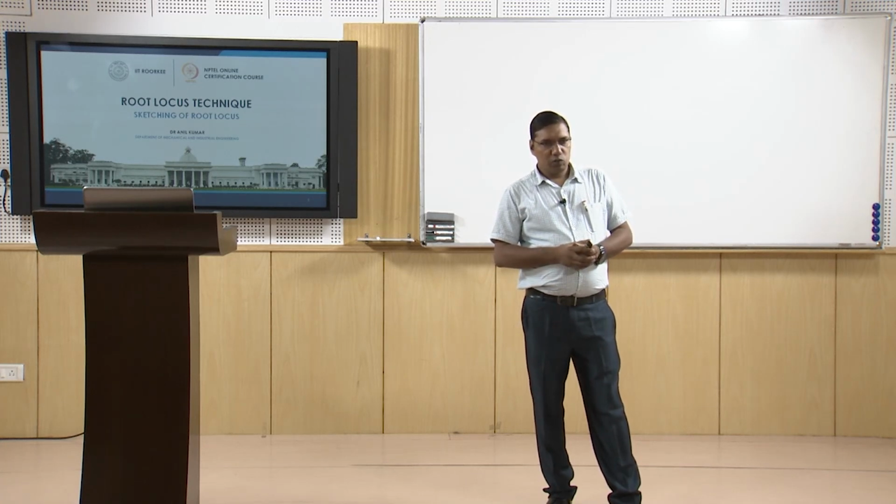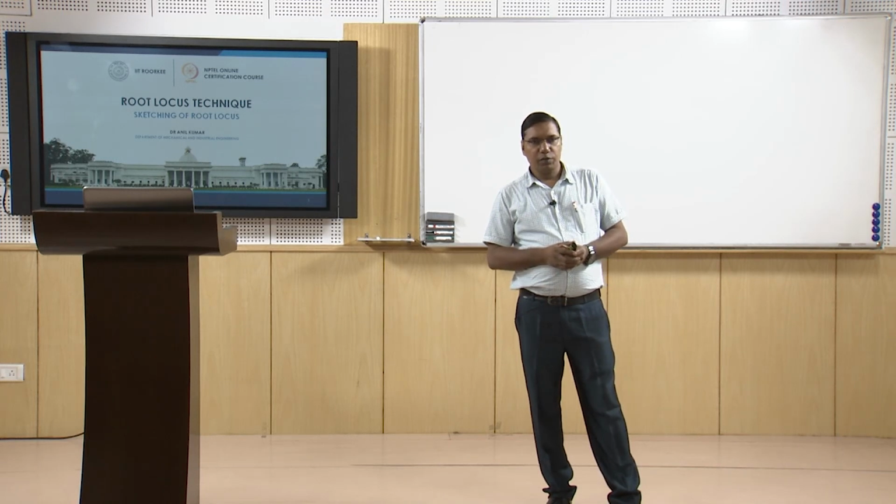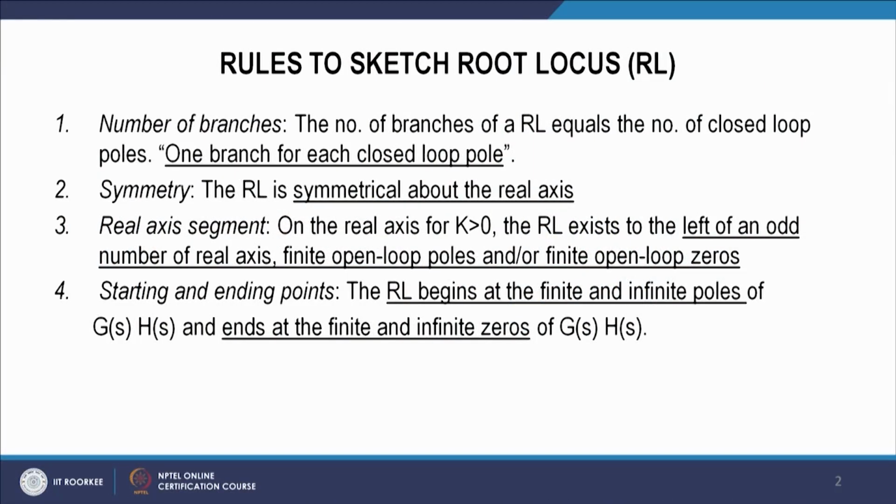So the first rule is the number of branches. How many branches must a root locus have?